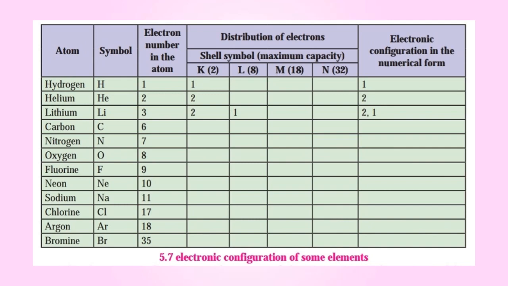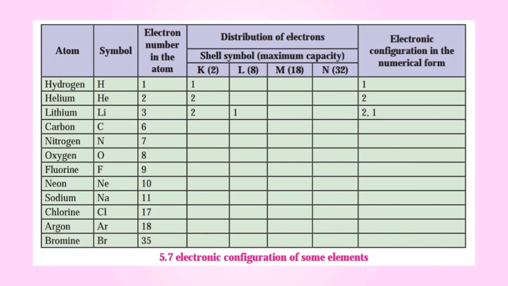Now, the very first atom is hydrogen, symbol H. Electron number of hydrogen is 1, that is only one electron is present in hydrogen. So we have to distribute these electrons according to the maximum capacity of the shell. As hydrogen has only one electron, it will go into the first shell, that is the K shell. So the electronic configuration will be 1.